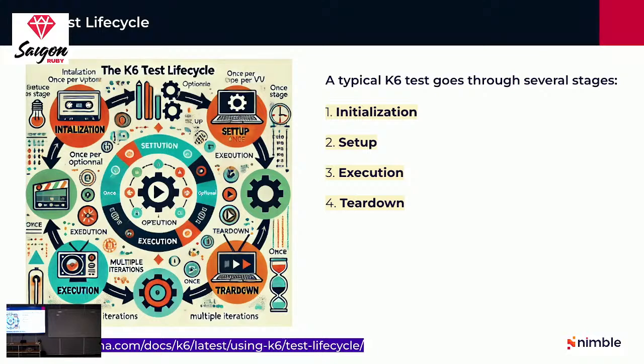In setup, we prepare the data that can be used in later stages like execution and teardown. In the execution stage, we run the actual test strategies. And in teardown, we just clean up what has been created in our test.